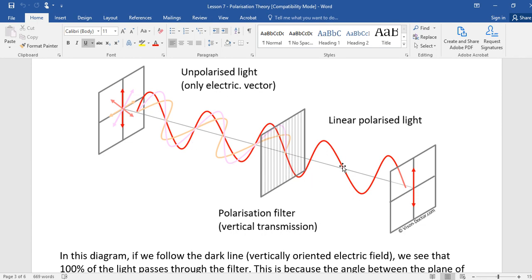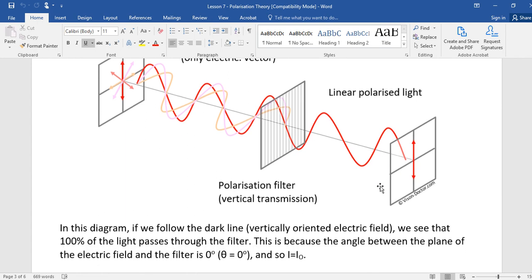Then it's polarized light, and only the verticals made it through there. And this is called linear polarized light, or also plane polarized light. And this is polarized in the vertical plane. So that's the filter there. These ones at either end are just showing the oscillation of the electric field. Here it's unpolarized, so it's oscillating in all different directions. Here it's polarized, it's just oscillating up and down.